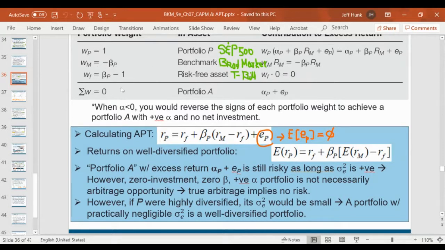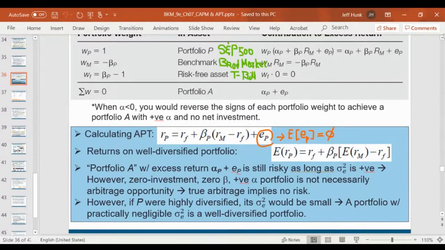If you short the benchmark and the T-bill, because you short sold, there are proceeds of funds, and you put all of that into the S&P 500.